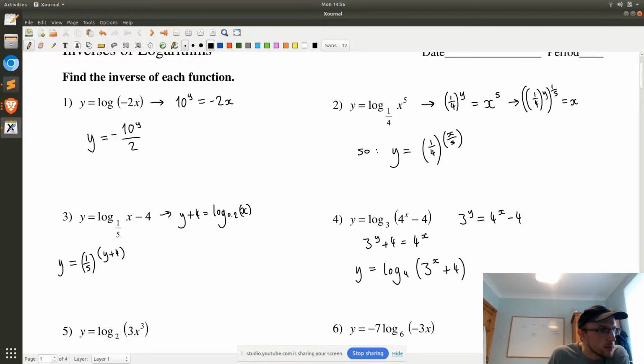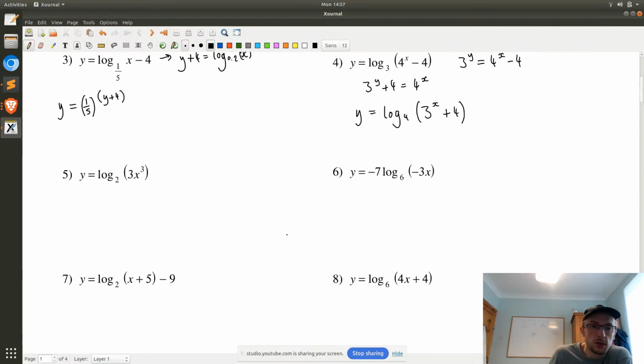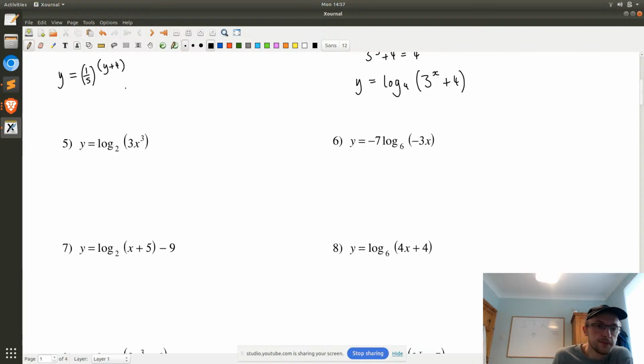Okay, first one's fine. Next one, 1 over the 5th root of 4 to the x. Sure, I mean, that's logically equivalent, isn't it? 1 over 5 to the x at 4. Again, same thing. Right, okay. So we're doing good. We're doing good. Okay.